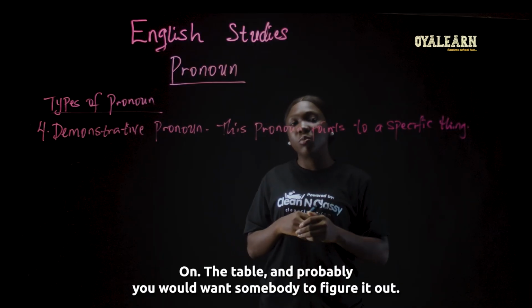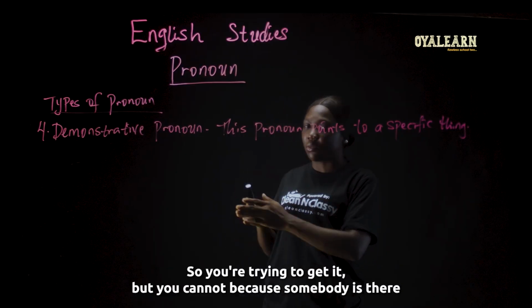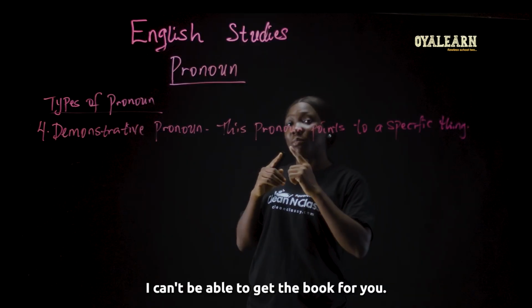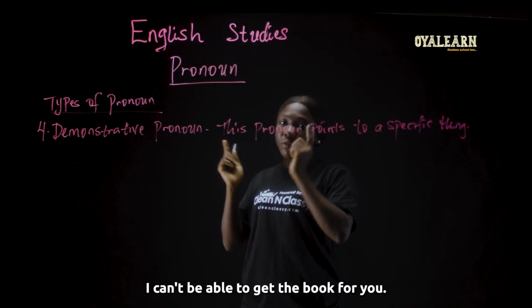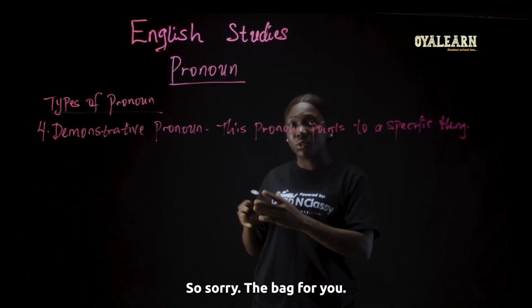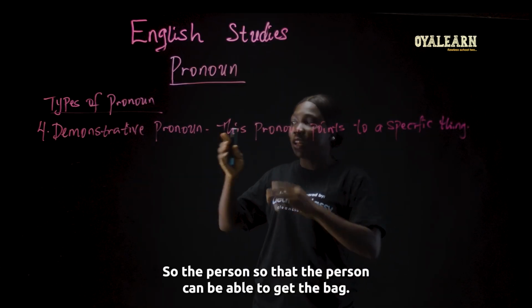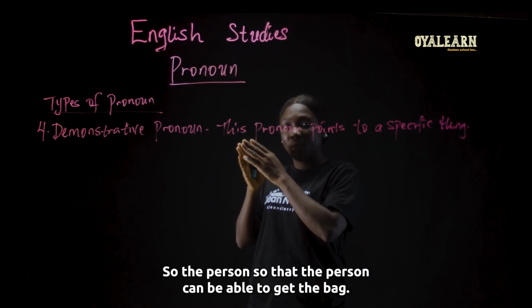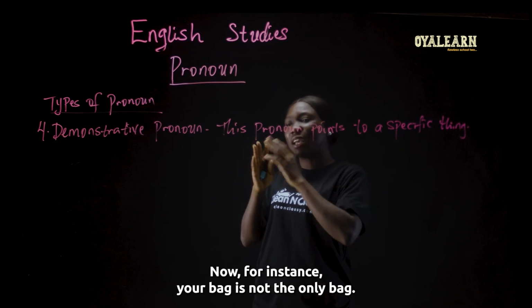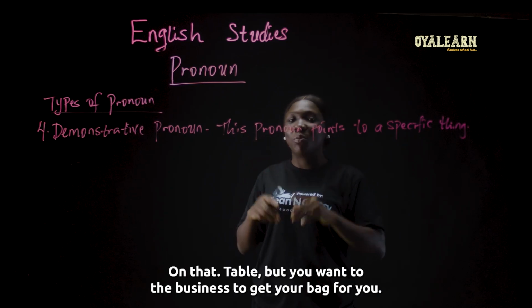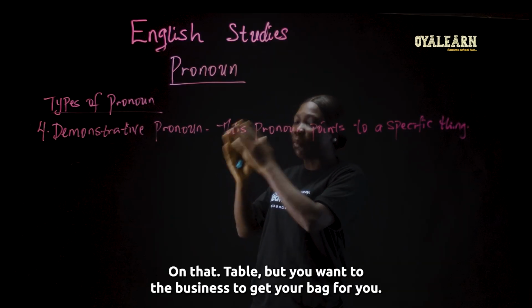and probably you would want somebody to get it for you. You're trying to get it, but you cannot. But somebody is there that can get the bag for you. Now the thing is, you have to point it out so that the person can get the bag. Your bag is not the only bag on that table, but you want the person to get your bag for you.